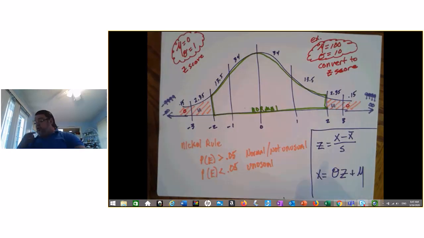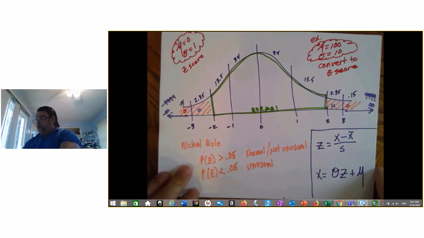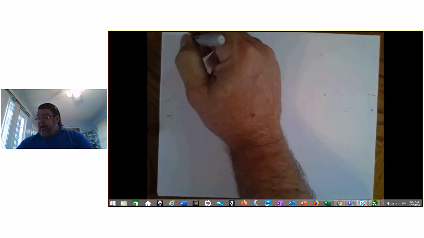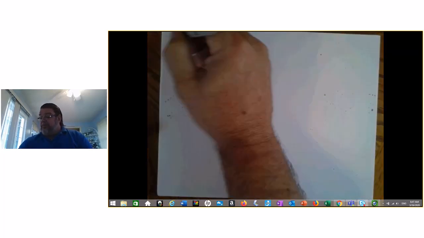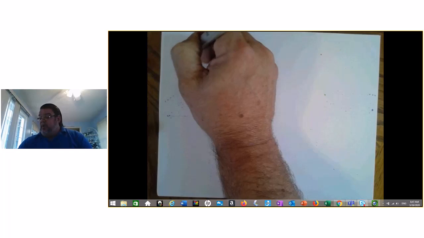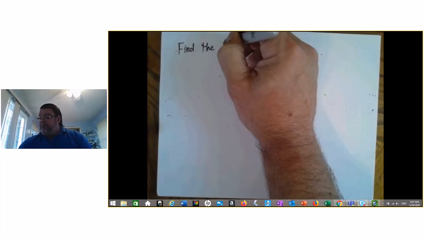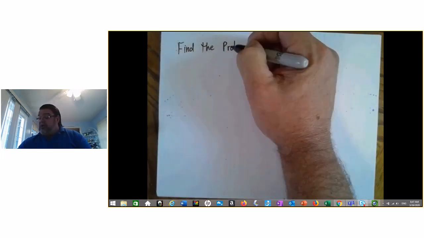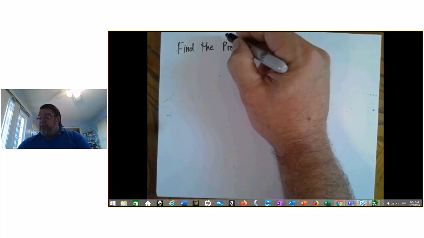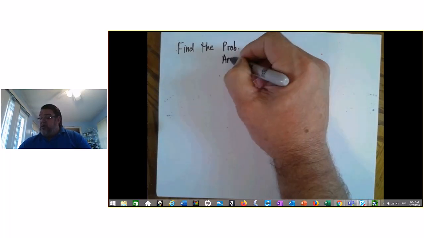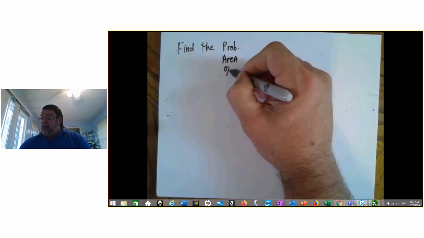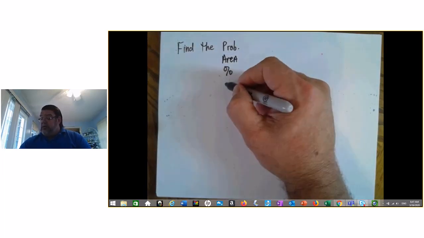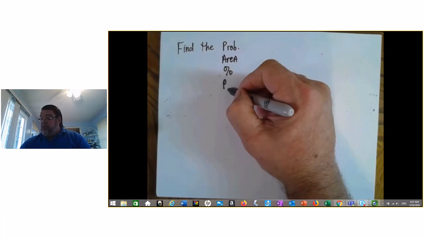All right, so here we're going to do a problem. The problem's going to state, find, let me do it in black, this is an example, find the probability. Now, when I say probability, the question can also say area, or percent, or percentile, like P with a number, I'm going to say 30th.